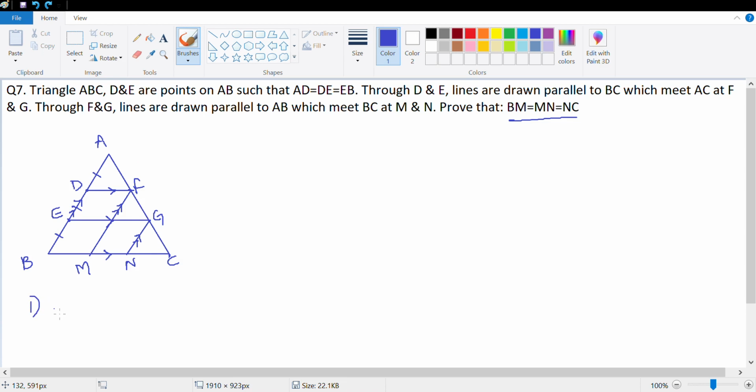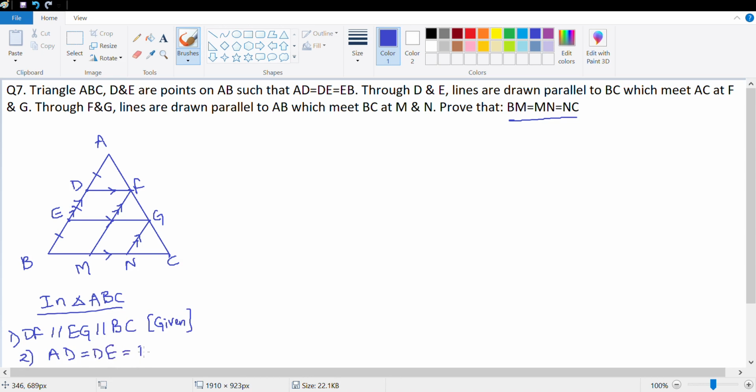Before that, let's write which triangle we are looking at. In triangle ABC, number one, DF is parallel to EG, which is parallel to BC. This is given because all of them are parallel. And number two is AD is equal to DE equal to BE.